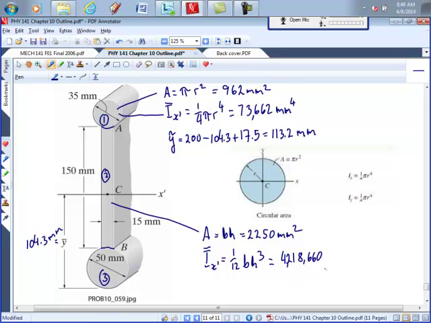So 4.2186 times 10 to the 6. That's millimeters to the 4th. And its centroid is going to be 75 above here, which would make 125 over the bottom minus the 104.3. So 125 minus 104.3 is 20.7.